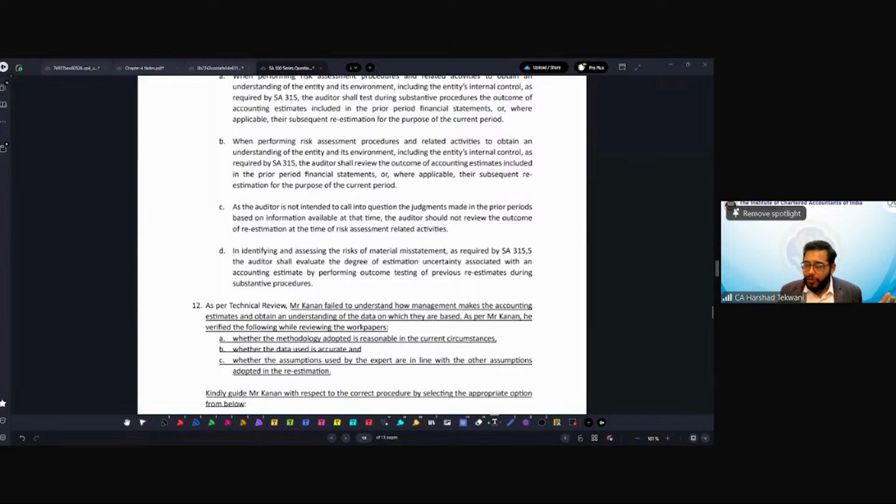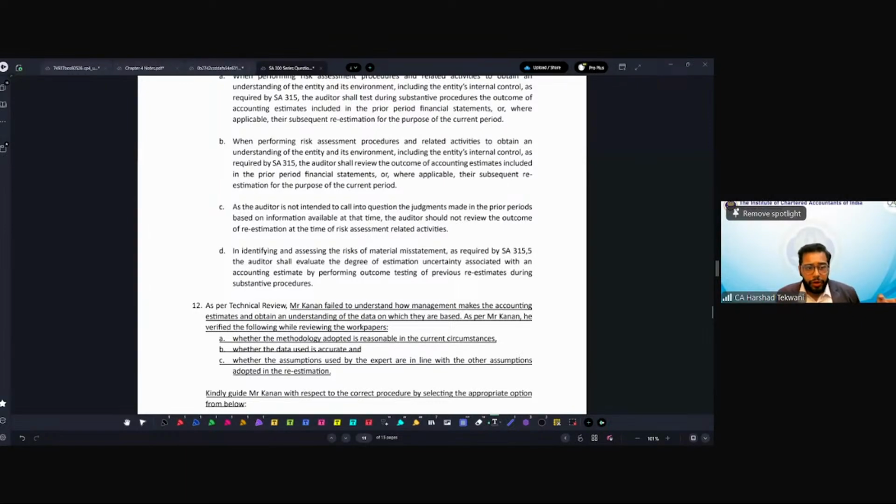Third, if management has used an expert, then we understand whether the expert has the knowledge, the competency and capability, the underlying assumptions, whether there is any change from the prior period, and how that change is impacting. All these things we are required as an auditor to understand with respect to the accounting estimate, including developing a point estimate or a range to evaluate the outcome of the independent expert.